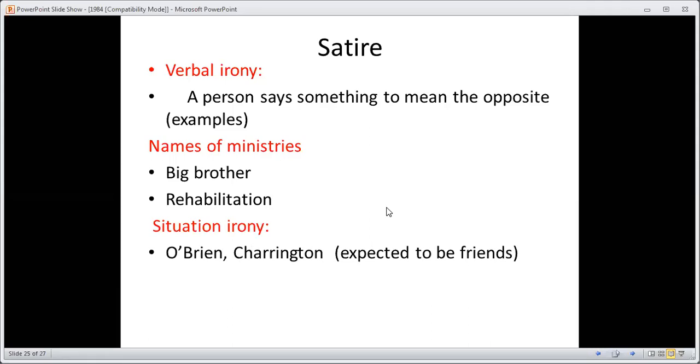Look at the character of O'Brien. In a certain situation, he said to Winston Smith that we shall meet in a place that has no darkness.